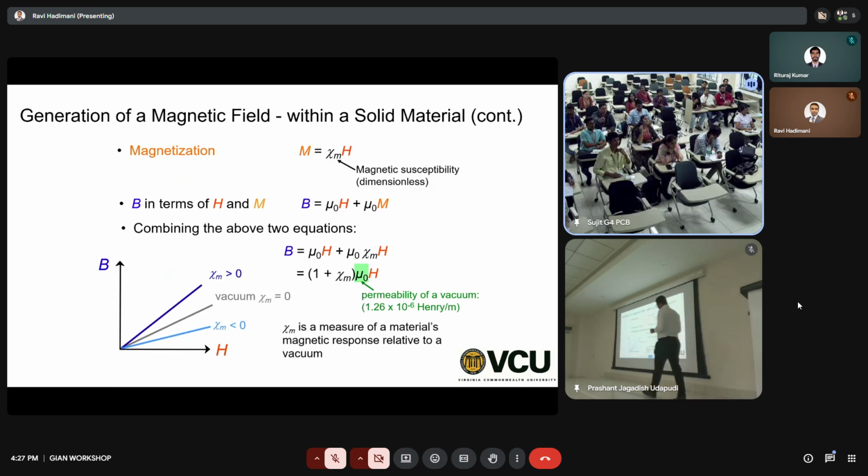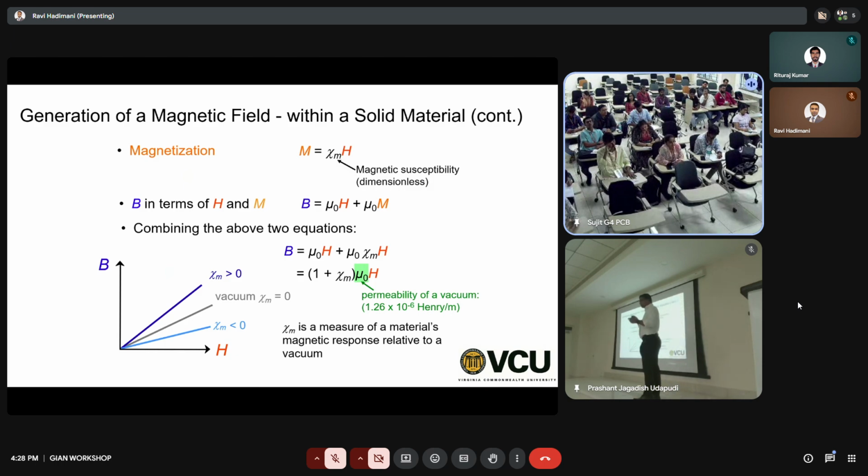Now if you look at different materials, susceptibility can be lower than 0, but relative permeability is always above 0.